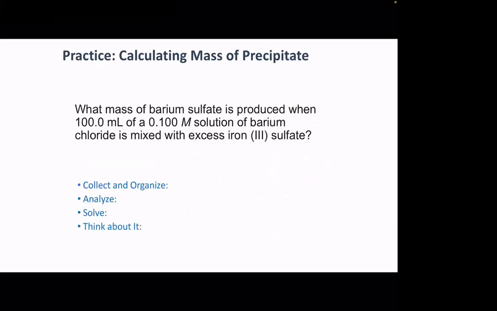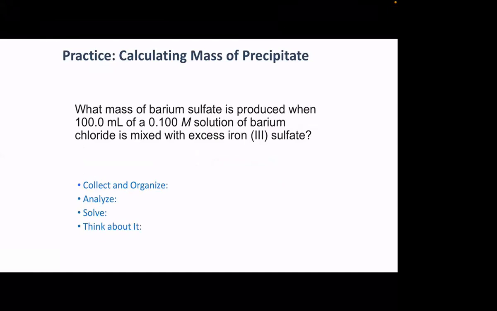Okay, I have a practice problem here we're going to do, and then we got our summary done with the chapter. The question is, what mass of barium sulfate is produced when 100 mL of 0.1 molar solution of barium chloride is mixed with excess iron(III) sulfate?